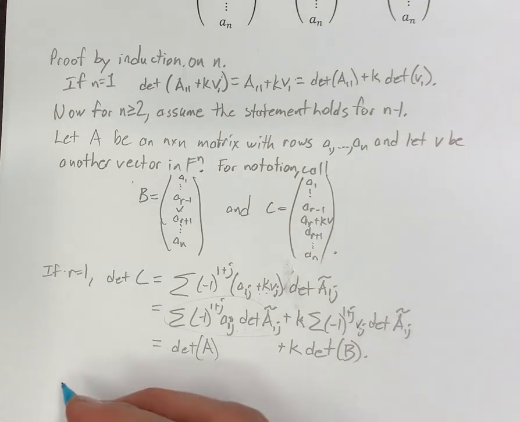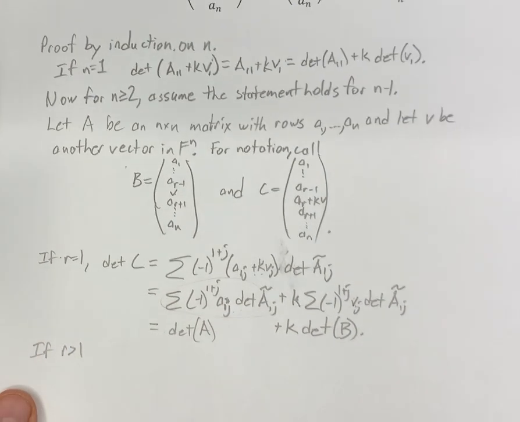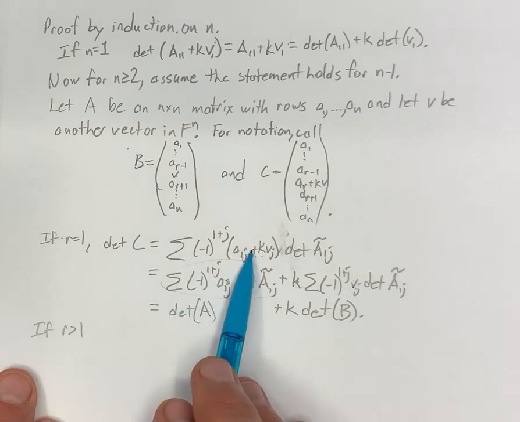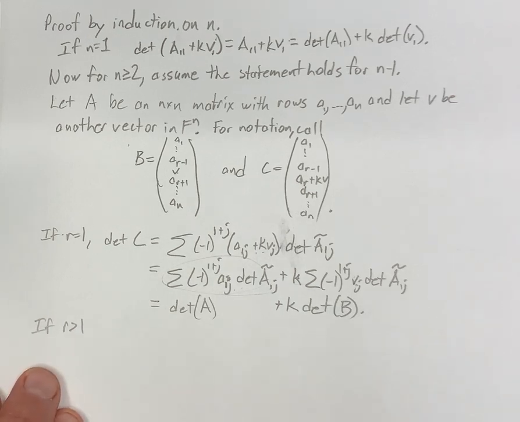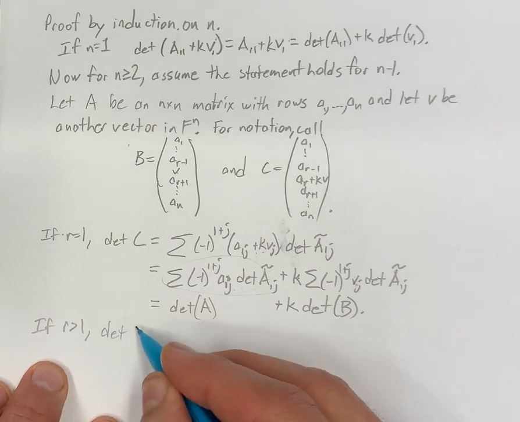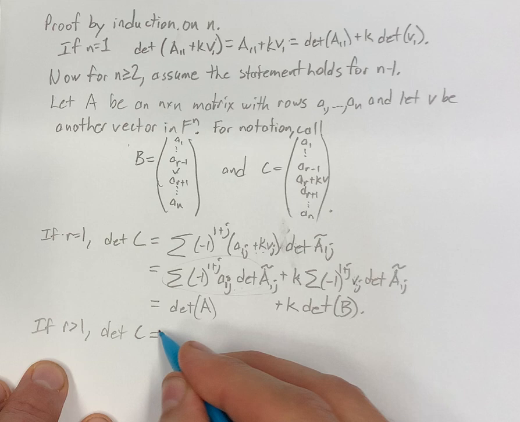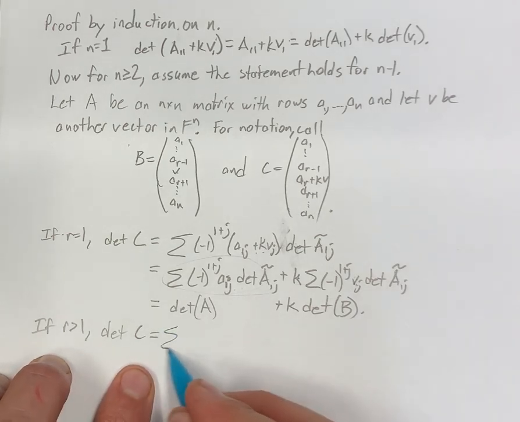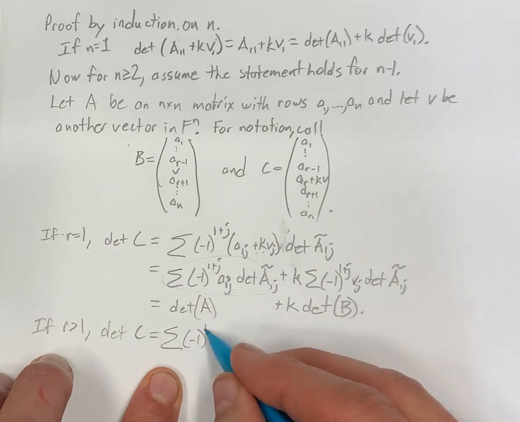But if r is greater than 1, then we're not actually having this happen in our coefficients. What's happening here is the determinant of C is equal to, again, the sum of (-1)^(1+j).